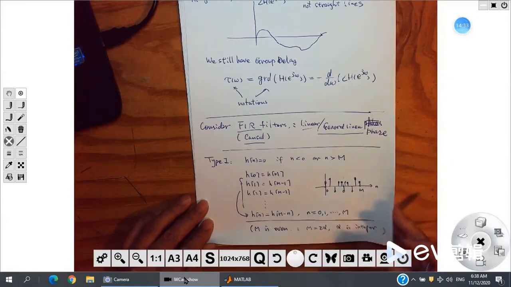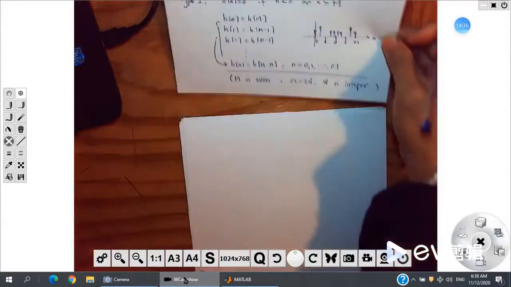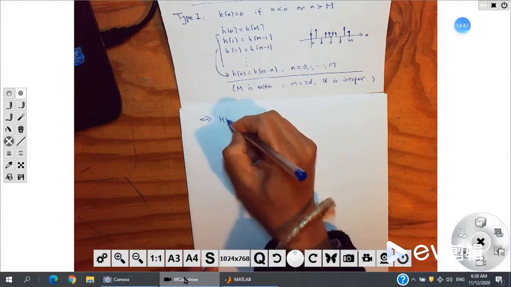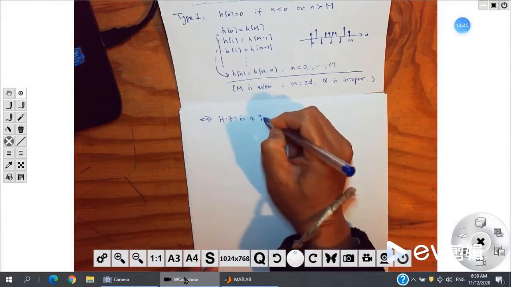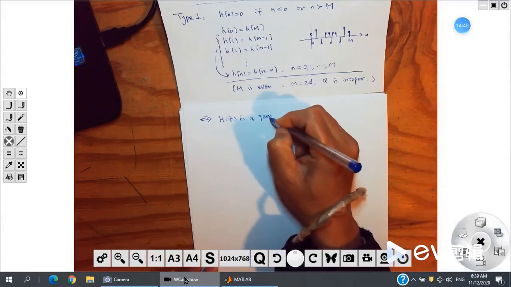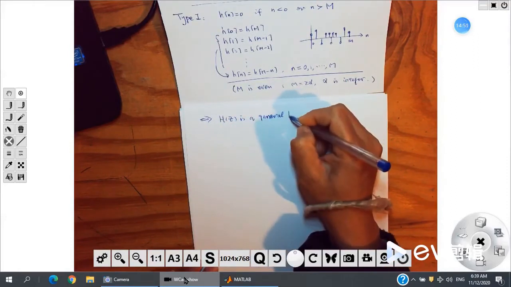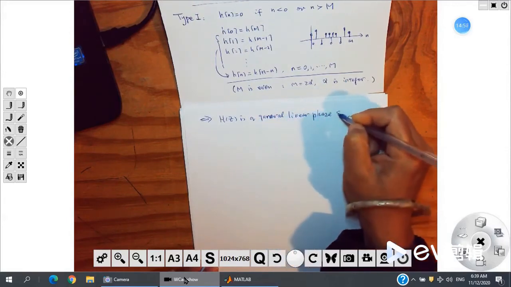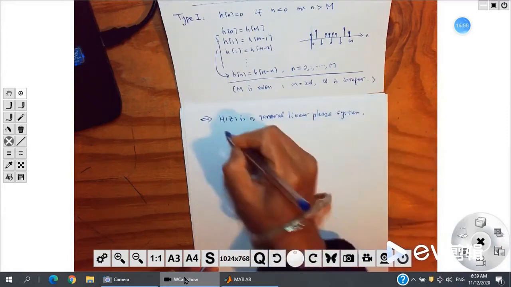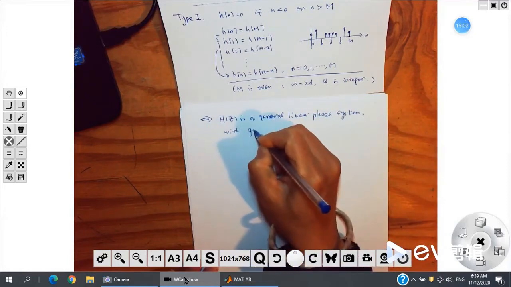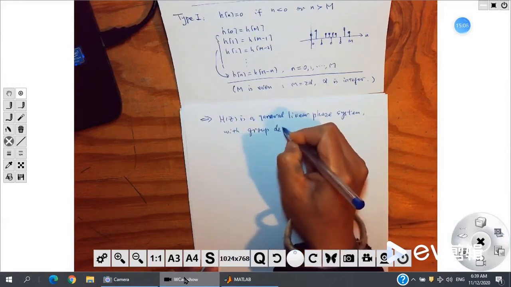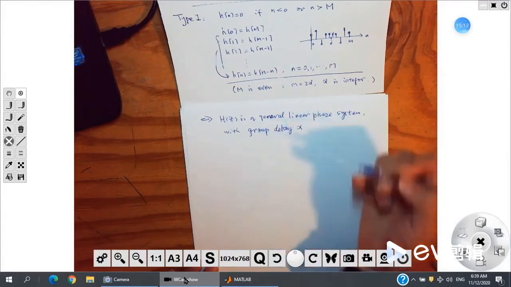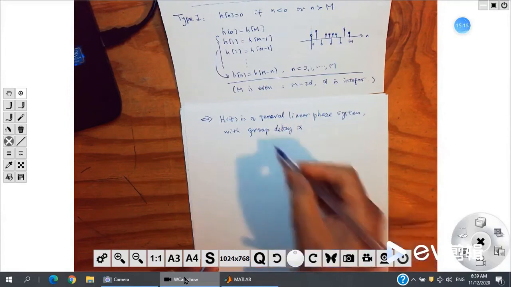For this kind of thing, we say H(z) is a generalized linear phase system with group delay alpha.